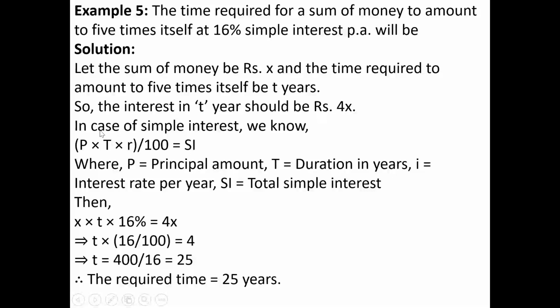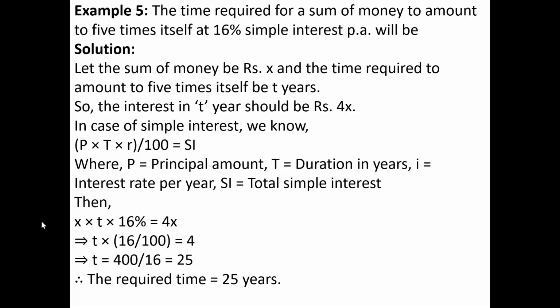Okay. So in case of simple interest, we already know the formula, that is PTR by 100. Here, as you already know, P equals the principal amount, T equals the duration in years, R equals the rate of interest, and SI equals the total simple interest.